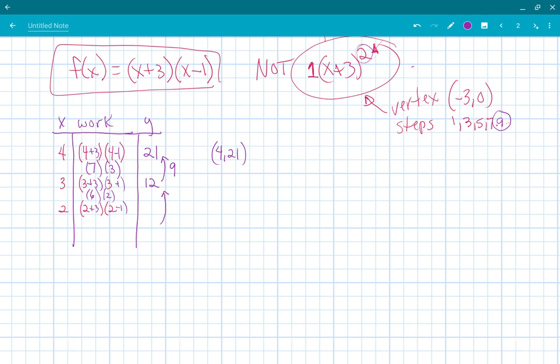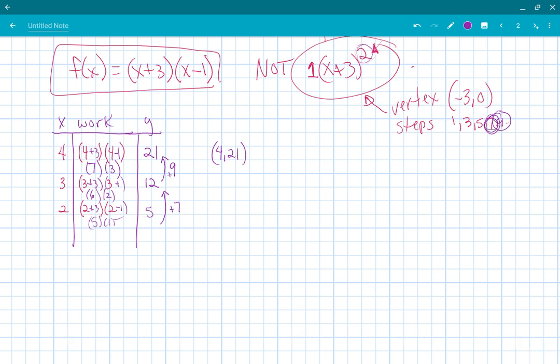All right, 2 plus 3 is 5. And 2 minus 1 is 1. So that's 5. So how much did it go up from 5 to 12? How much did it increase? 7. Hey, it follows this pattern over here.